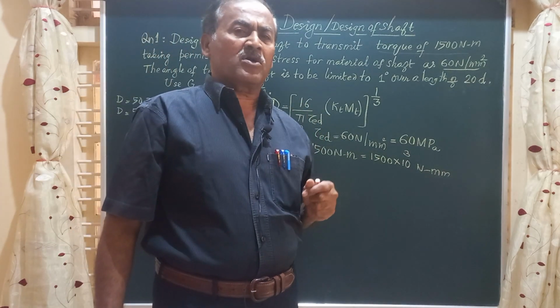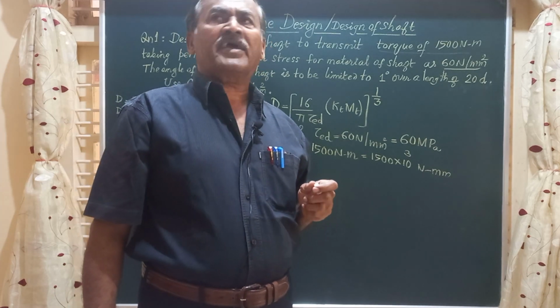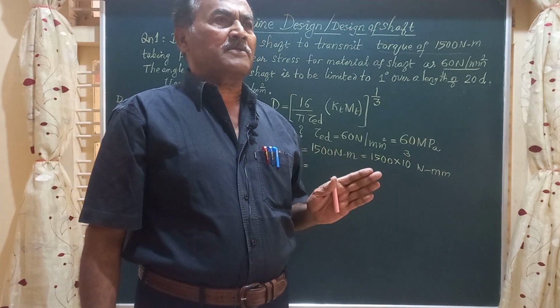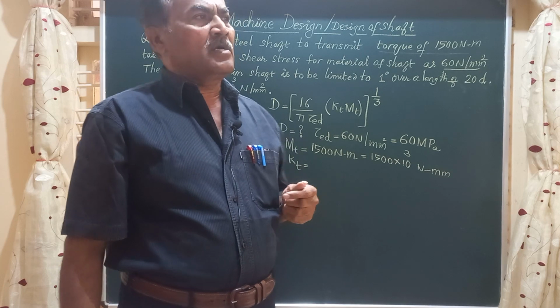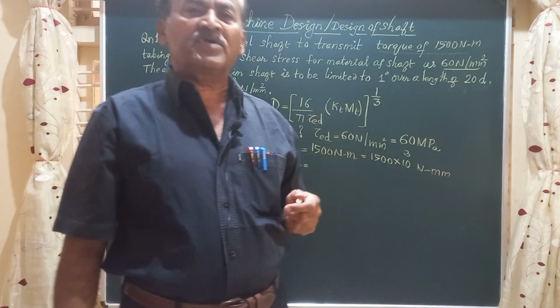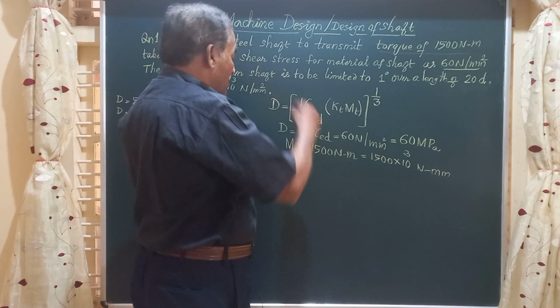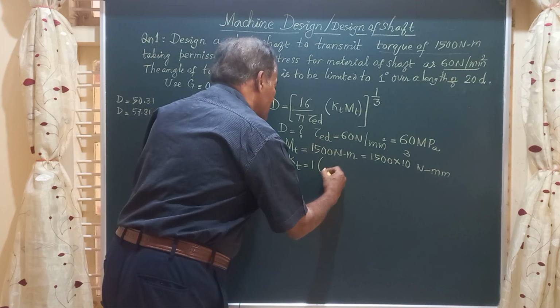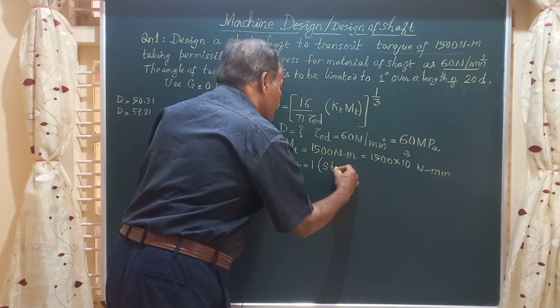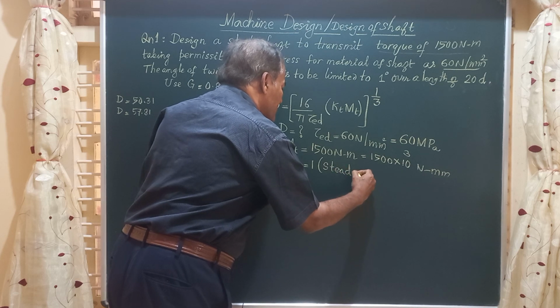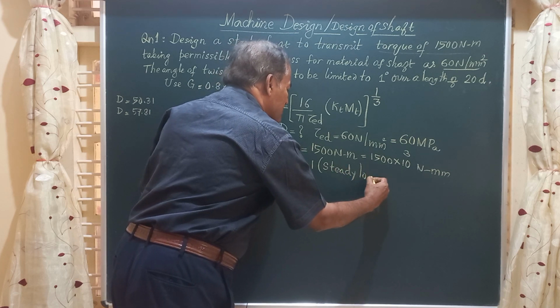Kt and Kb are called shock and endurance factors. So it depends on the type of loading. And in this case, if nothing is specified in the question, you can take the value of Kt as 1. That is for a case of steady load. For steady load, it is 1.